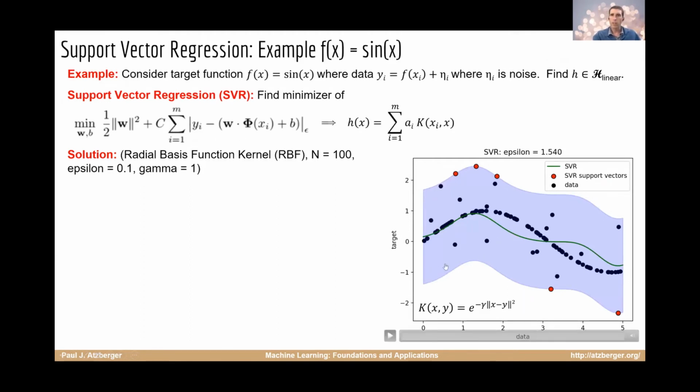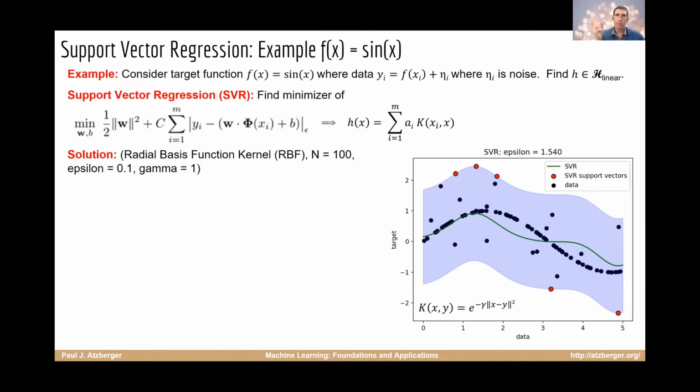What you're seeing in the lower right of my figure is the blue region showing the epsilon insensitivity region. I color coded the data points as I'm fitting to show which ones are support vectors and which ones aren't playing a role in the representation formula.